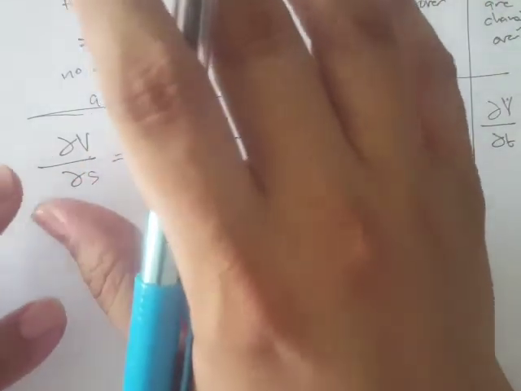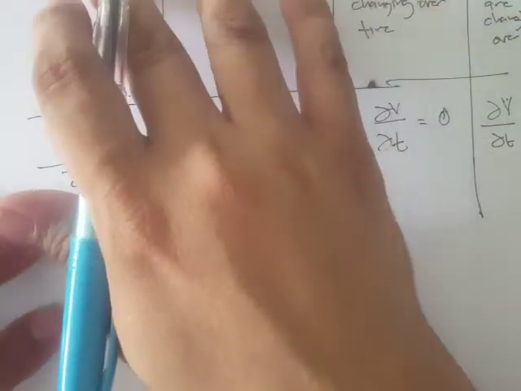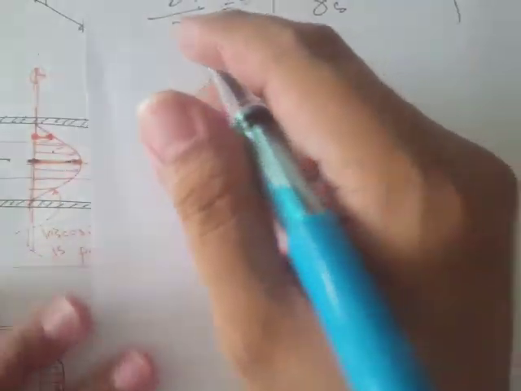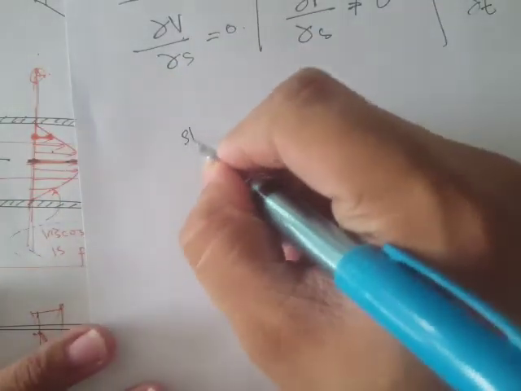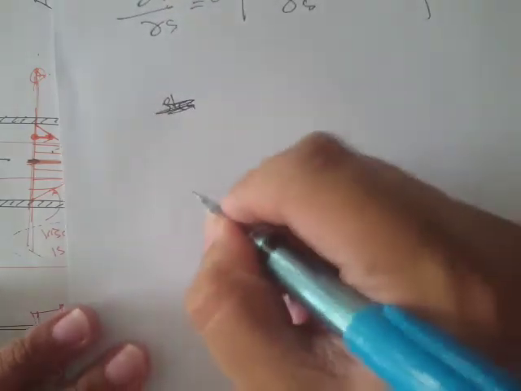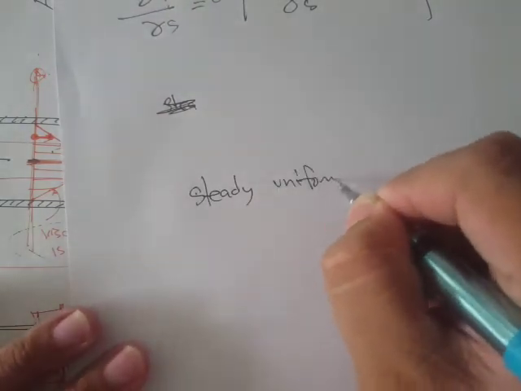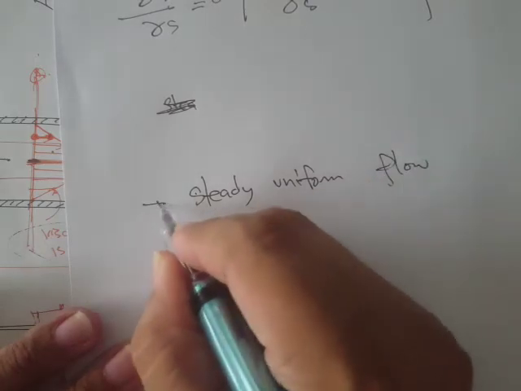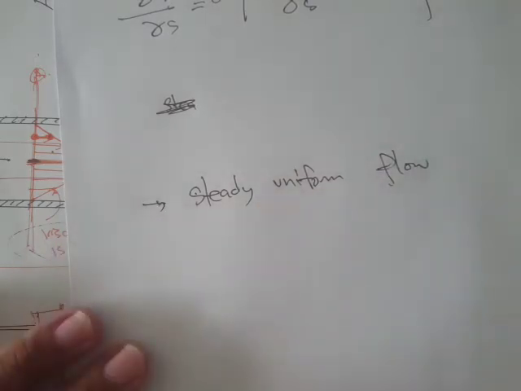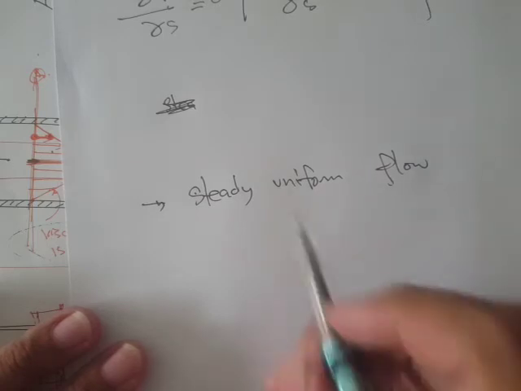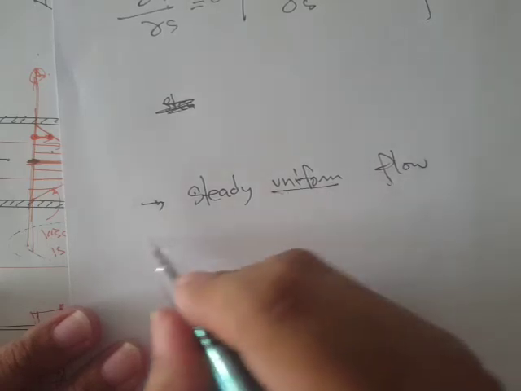Right, so in reality, if we base our flow classification on these four, then it's actually a combination. So we can have a steady uniform flow. It means that it doesn't change with time, and it also doesn't change with respect to position.